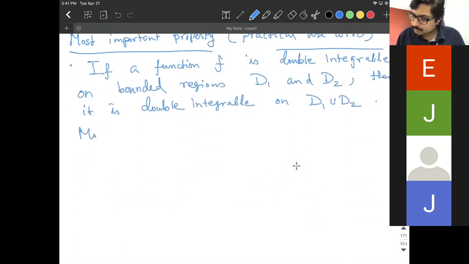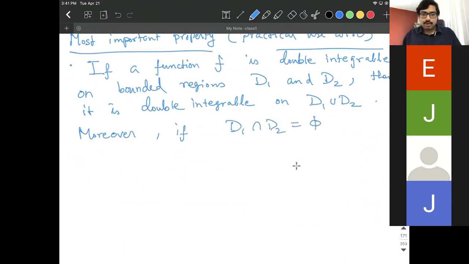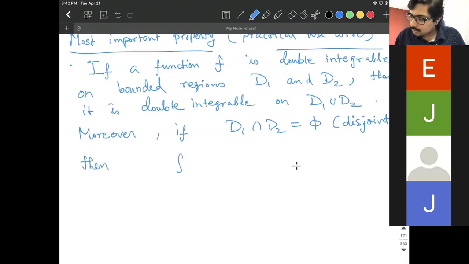Moreover, if their intersection is empty, so they have no common points, so they're disjoint, that's what it means, then we even have this nice formula that the double integral along this D1 union D2 of f is the sum.